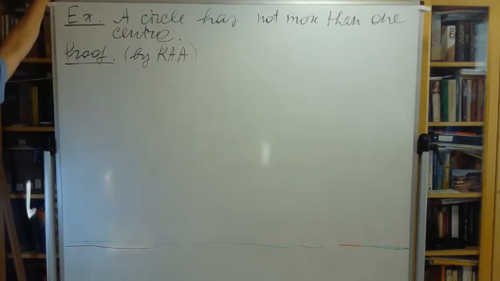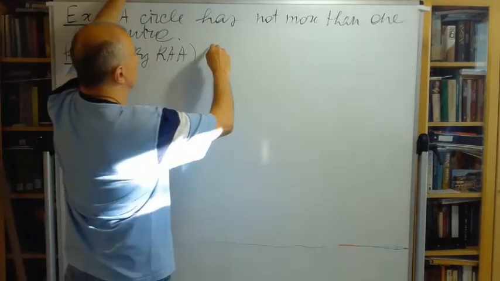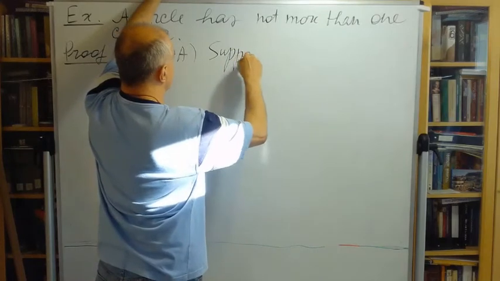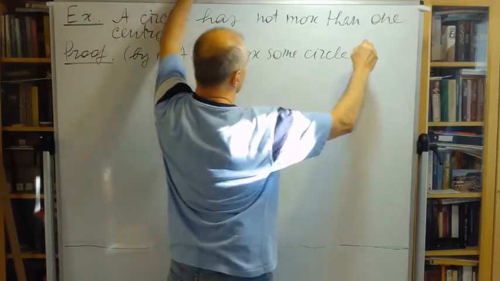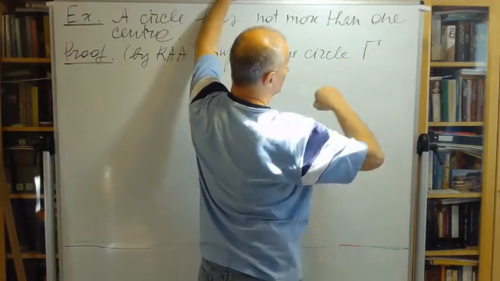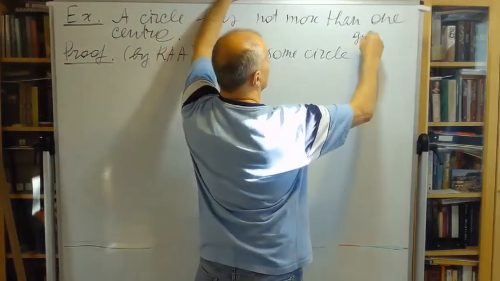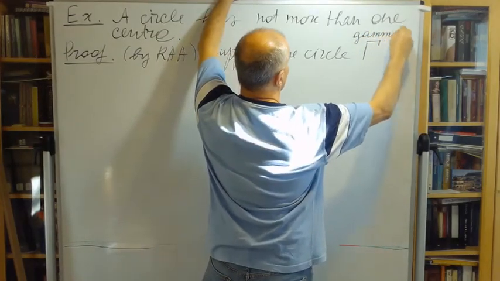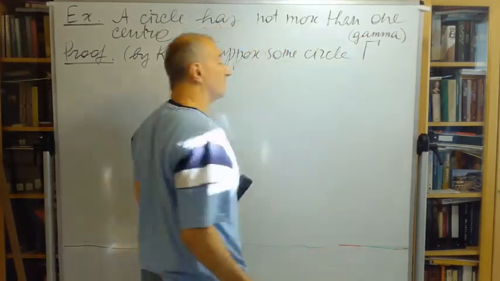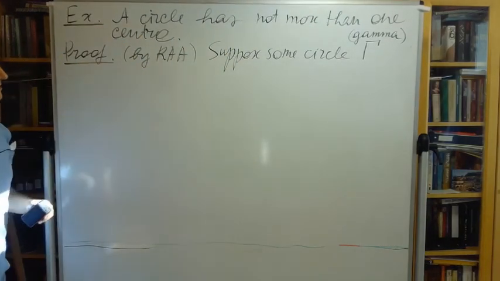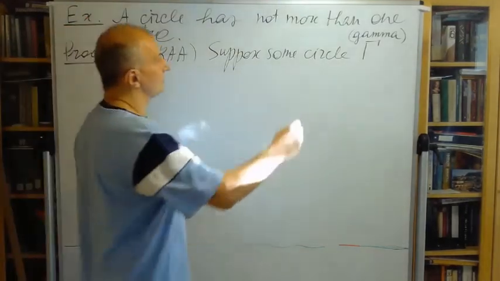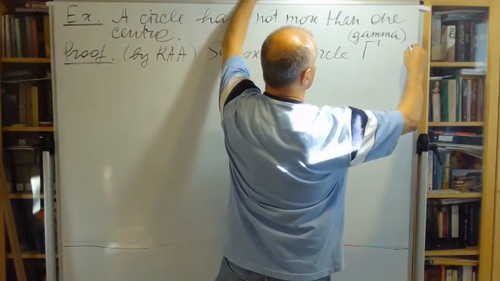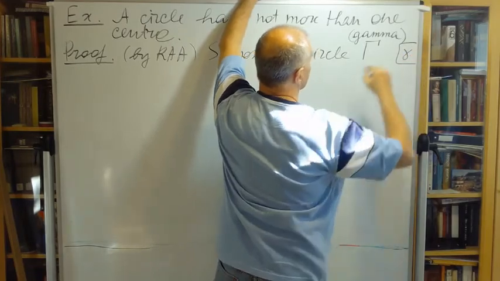What we want to say is that there is not more than one center. Suppose some circle gamma, it's a Greek letter gamma. Mathematicians and even physicists like denoting curves and circles in particular by gamma. It's a capital gamma. Small gamma, lowercase gamma, looks like this. I will write it separately, like this.